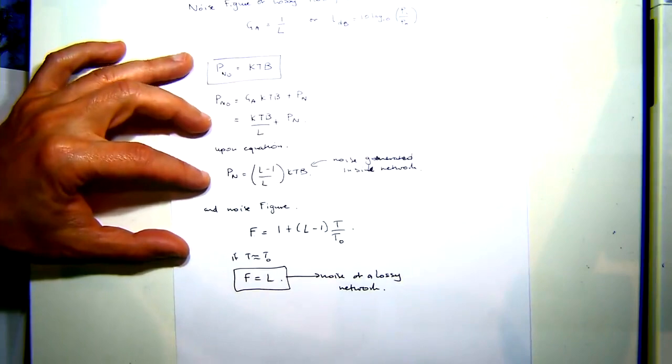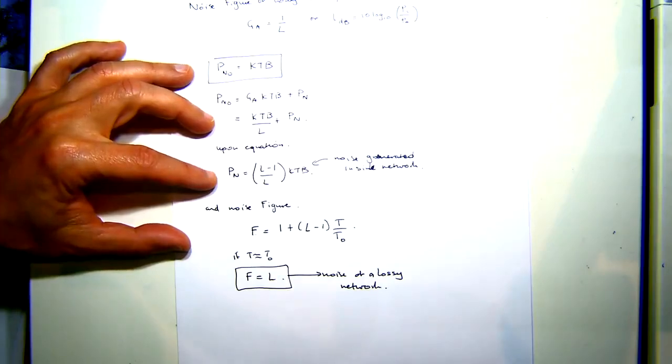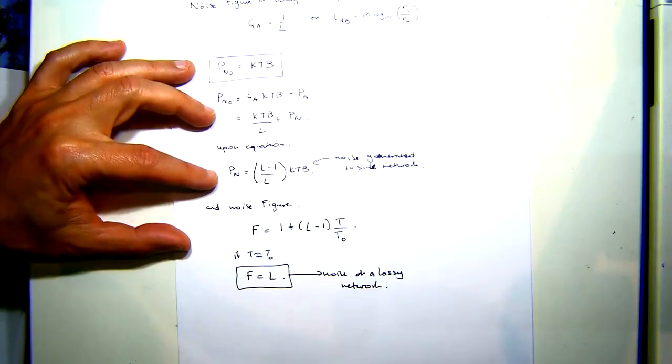As we'll show in one of the examples, they impact the overall noise figure of your system. So the question is always, what is the noise figure of a lossy system? It could be an attenuator, a splitter, or anything that's got some kind of loss associated with it.